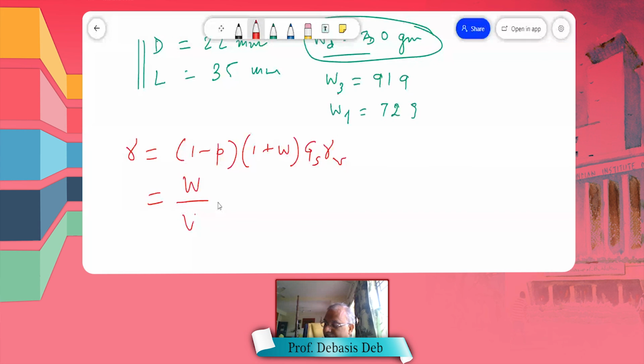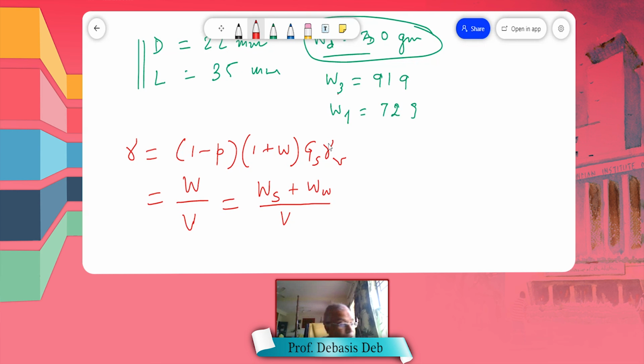So this is our moist unit weight. Now this will be written as WS plus WW by V. So the total weight we are breaking up into solid weight and water weight.